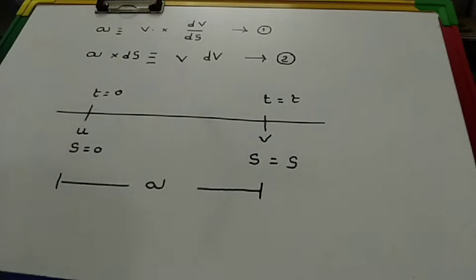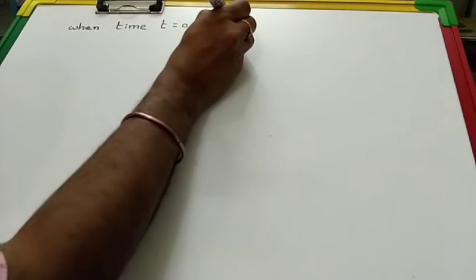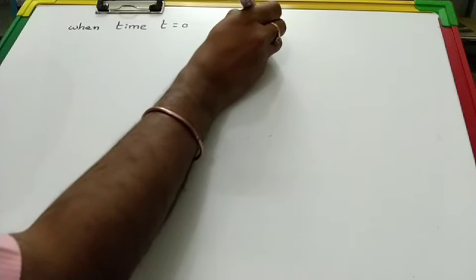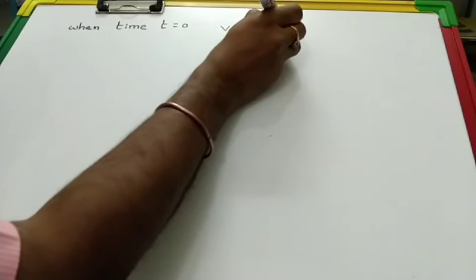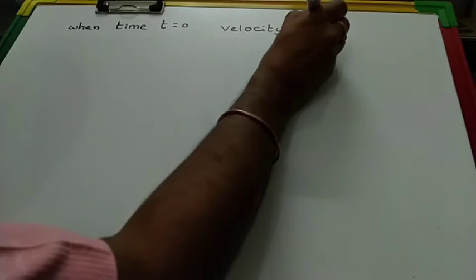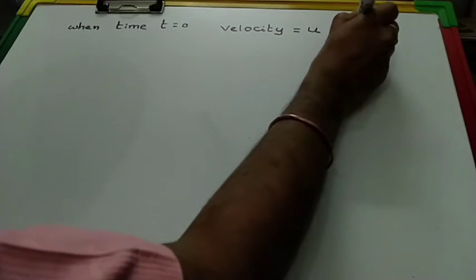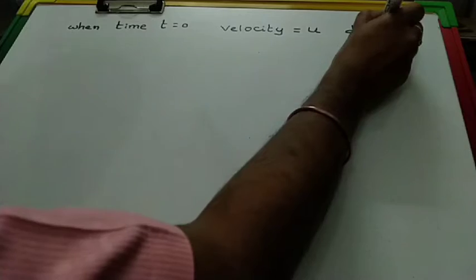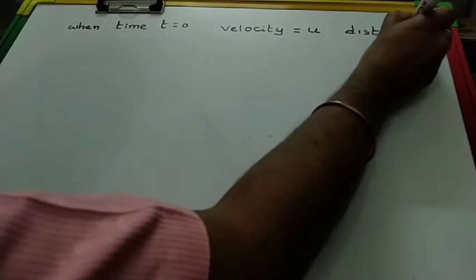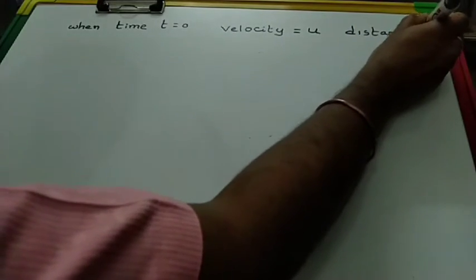Now when time t is equal to 0, velocity is equal to u and distance is equal to 0.